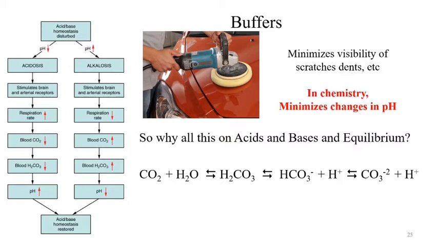Why is that really important? Well, we've got a big long expression written down below. We've got a whole bunch of arrows going back and forth talking about our equilibrium. And really, we don't need equilibrium to address this right now, but what these are trying to show is what's happening in our blood.